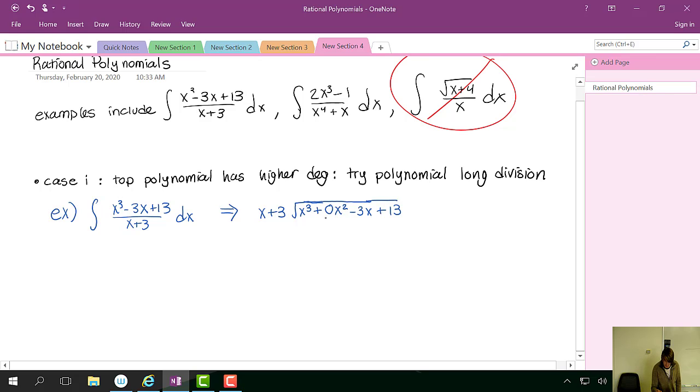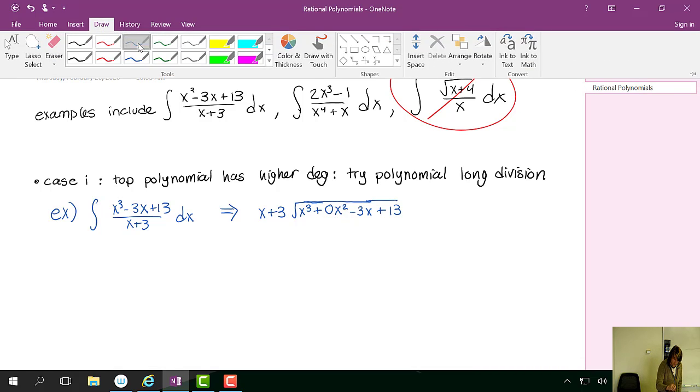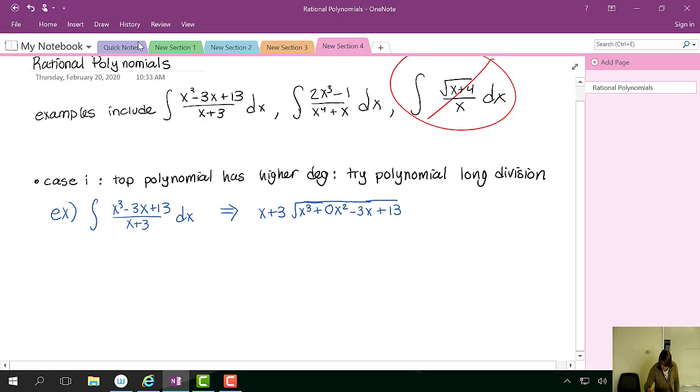So in this case, this guy doesn't have a degree 2 term, so I just add 0x squared. And if we do that long division, so what's the first multiplier that goes on top? X squared, right? So x squared, and this becomes x cubed plus 3x squared. Subtract, and we'll get negative 3x squared.